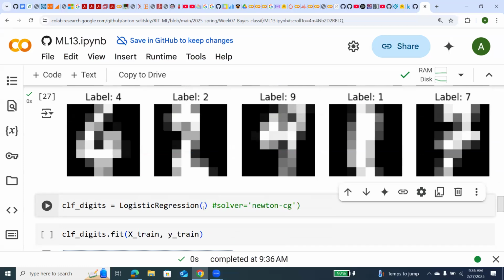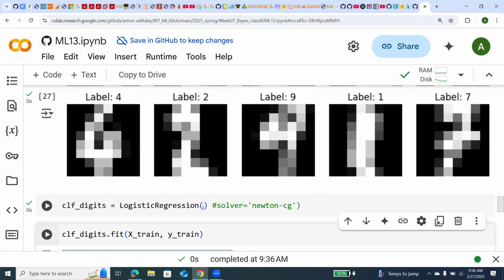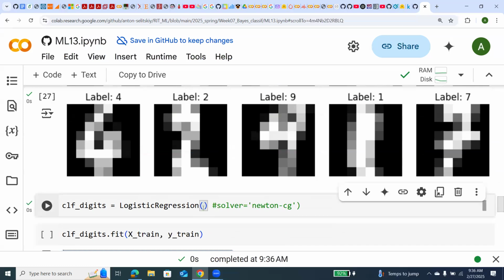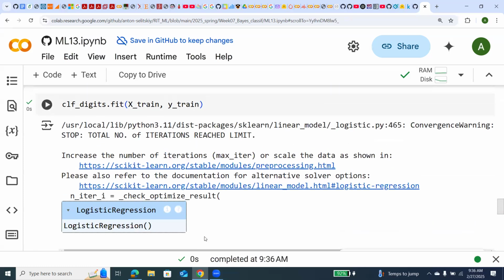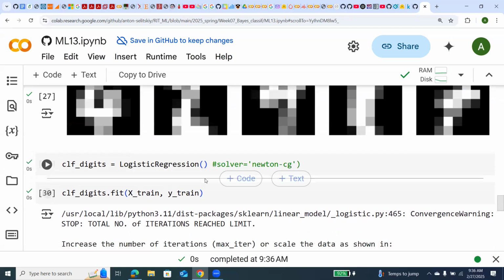So if you use just maybe by default it's gradient descent. Oh, actually it worked. Oh no, I didn't train, sorry. Yeah, you'll get a problem with convergence.